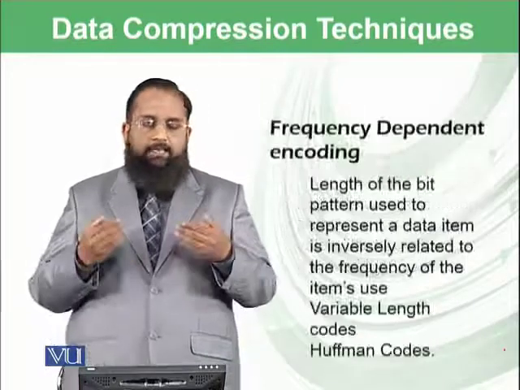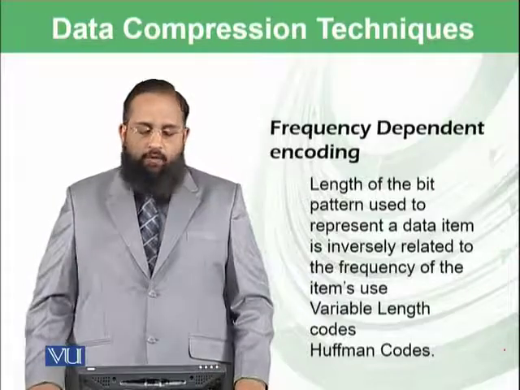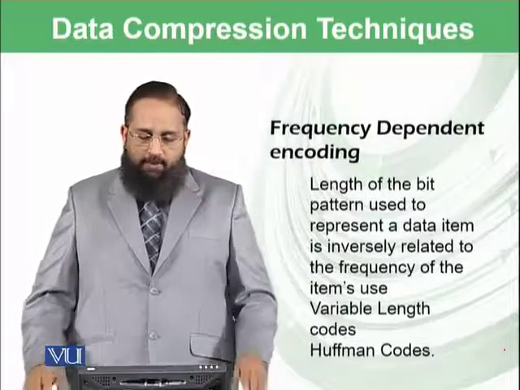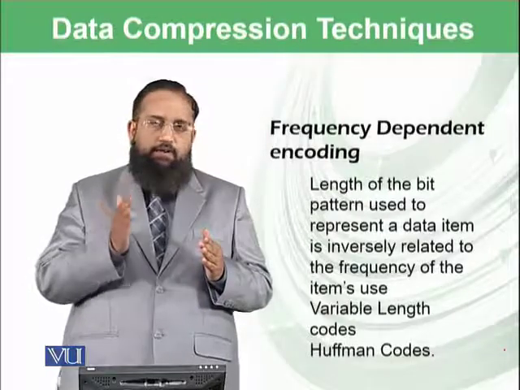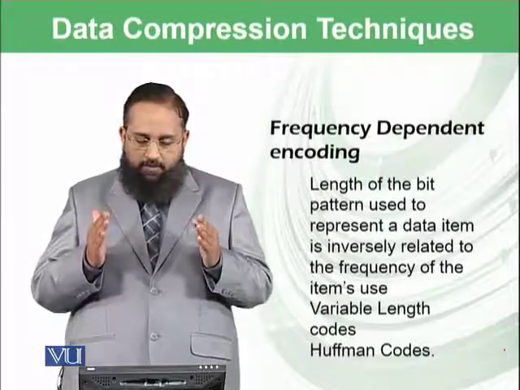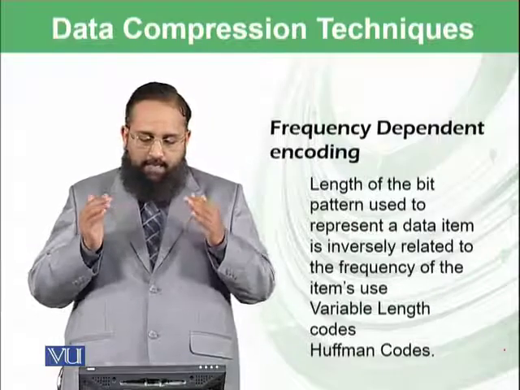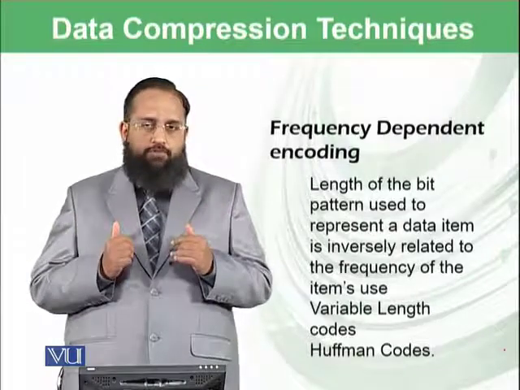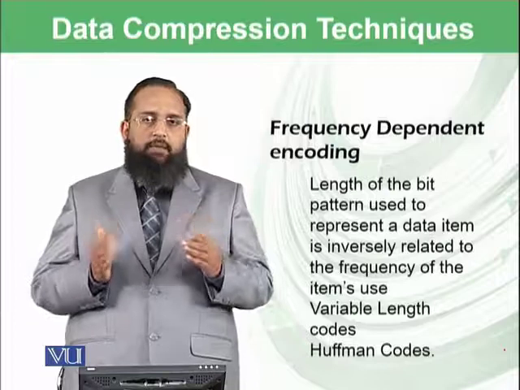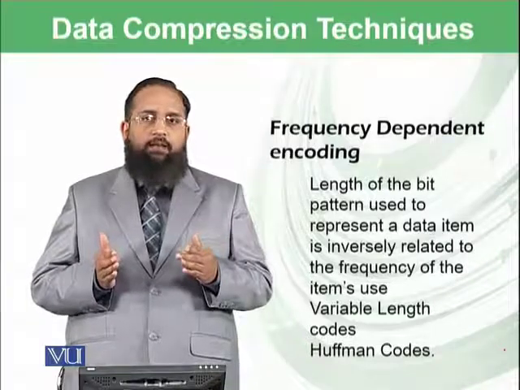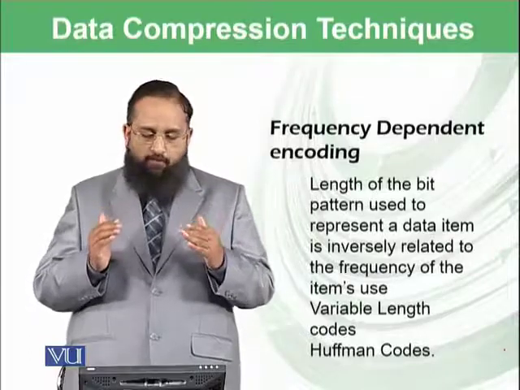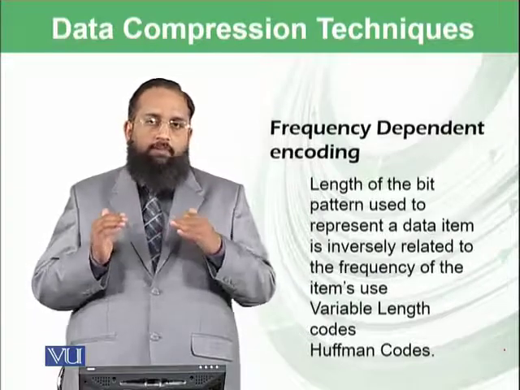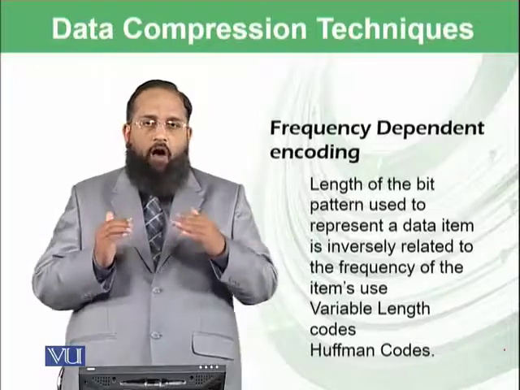And then the next thing is frequency dependent encoding. The length of the bit pattern used to represent a data item is inversely related to the frequency of the items used, and they have variable length codes. Such variable length codes were developed by and credited to Huffman, and the codes built by Huffman are called Huffman codes.